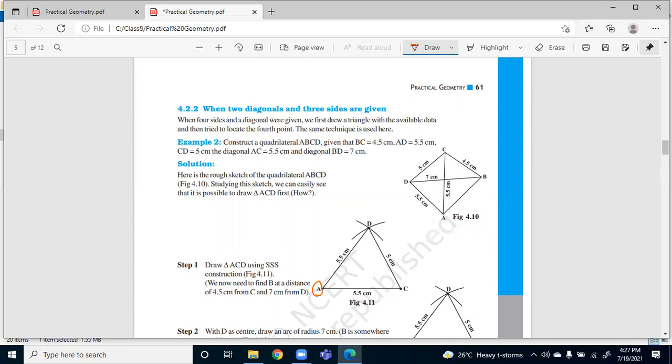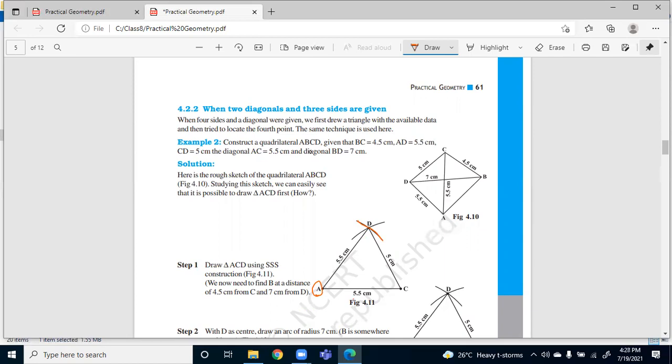Before that, I have to label it as AC. Then I know AD length is 5.5 centimeters. So I put the needle of my compass at point A and measure the length as 5.5 centimeter with the help of a ruler. I will make an arc of 5.5 centimeter from point A.